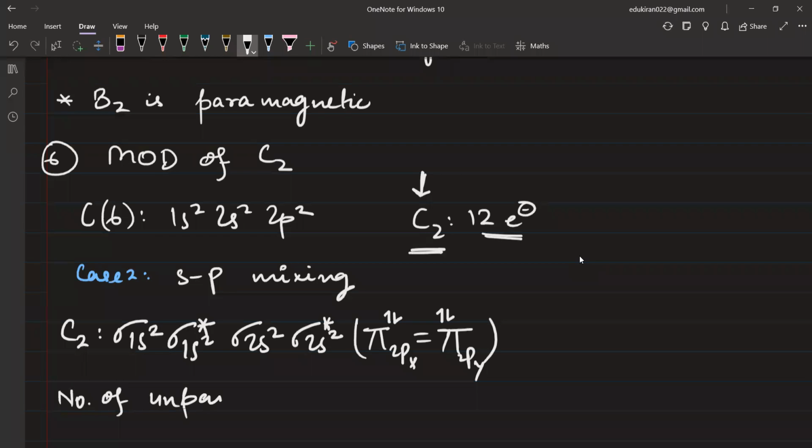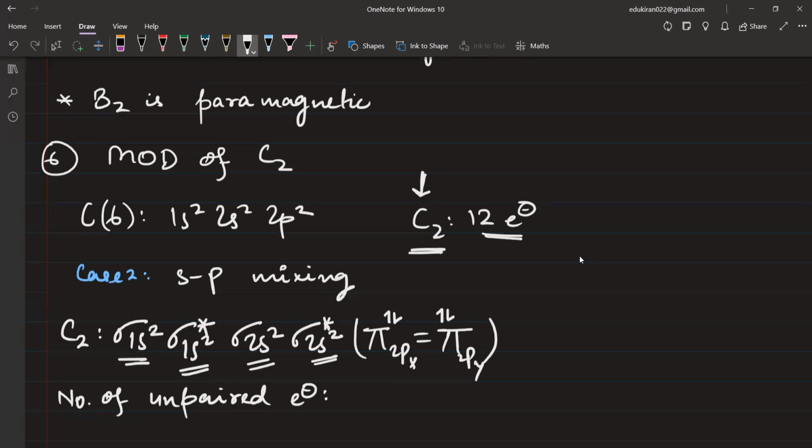So how many unpaired electrons will there be? Hiba, tell me, number of unpaired electrons is equal to how much? Yes, Hiba. 2. Where do you see 2 unpaired electrons? In which orbital? Is this unpaired or paired? Here, Hiba, paired. This one is also paired.